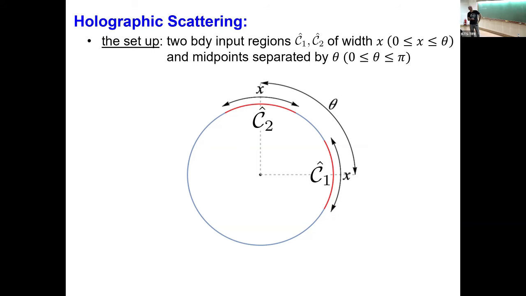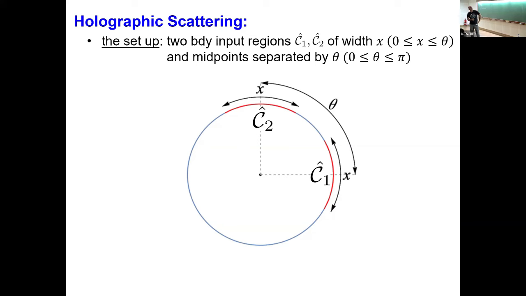And clearly there are some restrictions here. X should be less than theta, otherwise these two regions are going to be overlapping. In that case, it's not a mystery. I can do the scattering process in the boundary. And so I'm interested in these cases where it's not obvious that the scattering occurs, or it can only occur through the bulk.